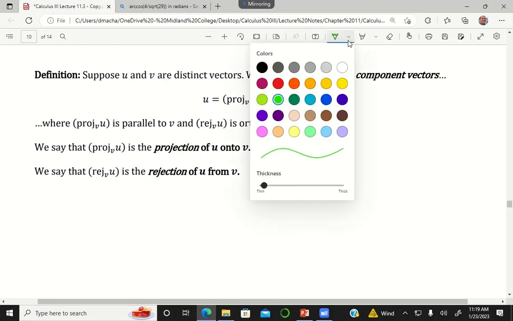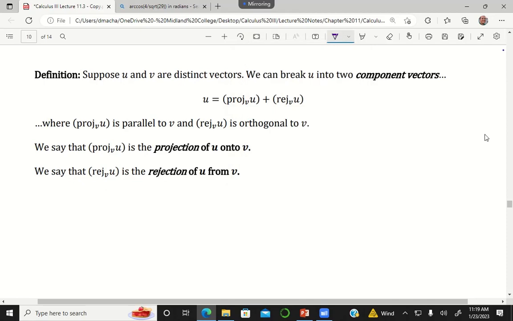So, more definitions, so you can do more types of problems here. If u and v are two distinct vectors, then we can break up my u vector into two different component vectors.